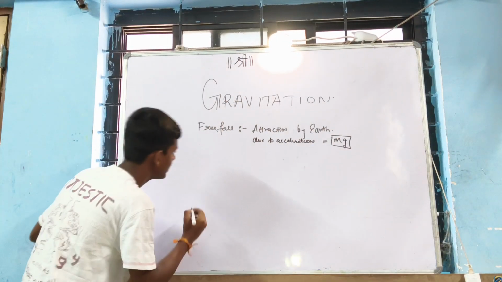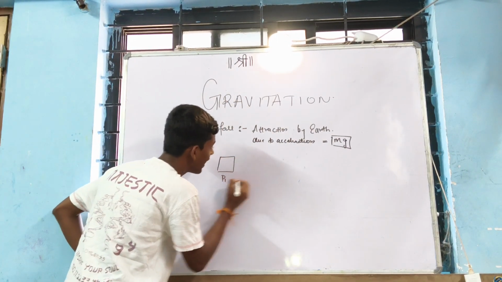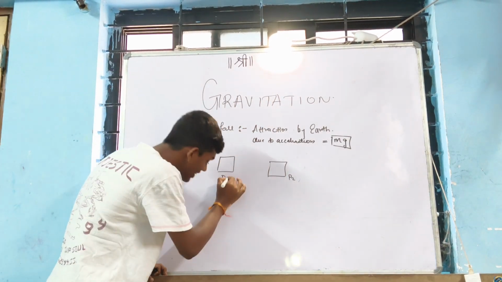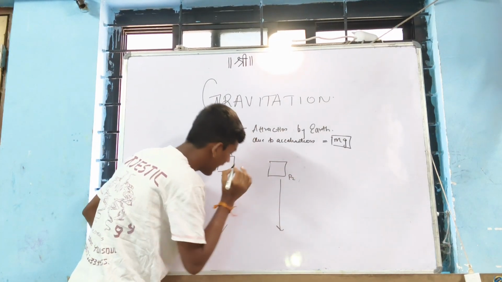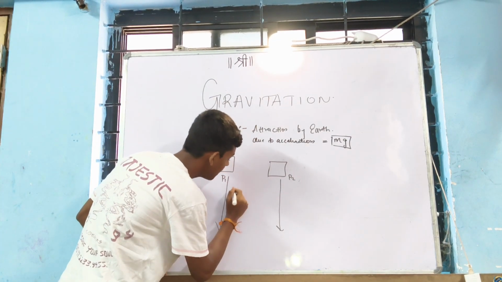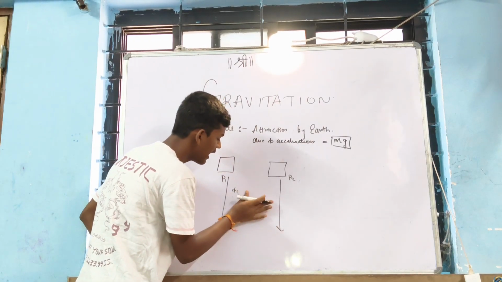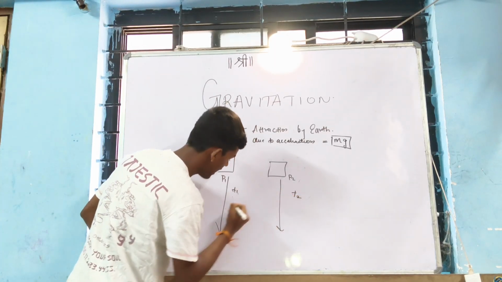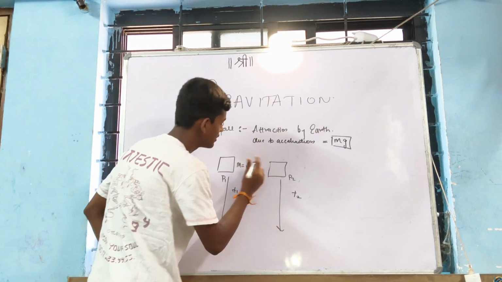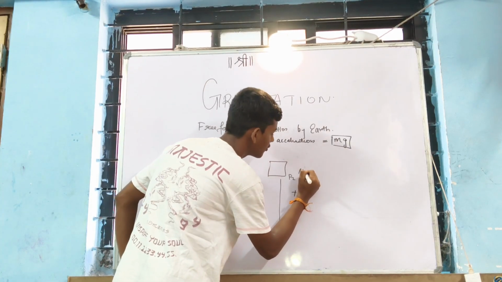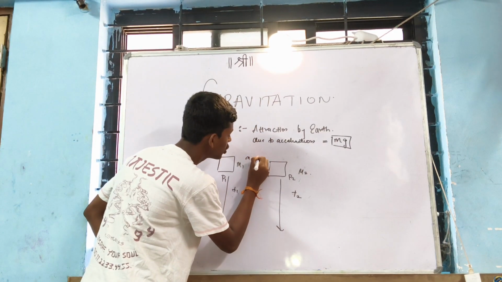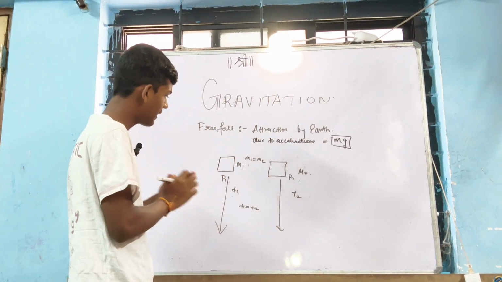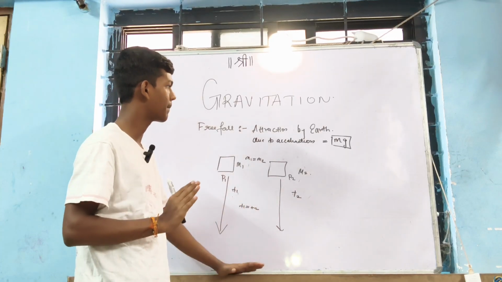If this is page one and this is page two, page one reaches the ground at time T1 and page two at time T2, and the masses are also the same. So M1 is equal to M2 and T1 is equal to T2. That is why the pages reach the ground together.